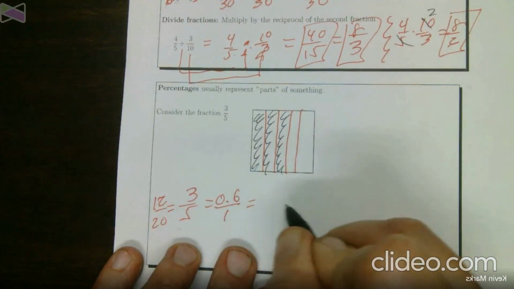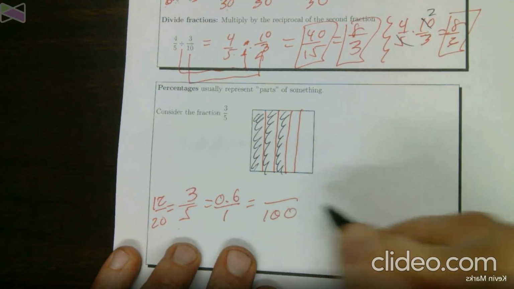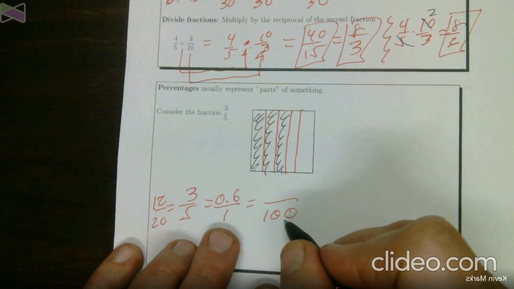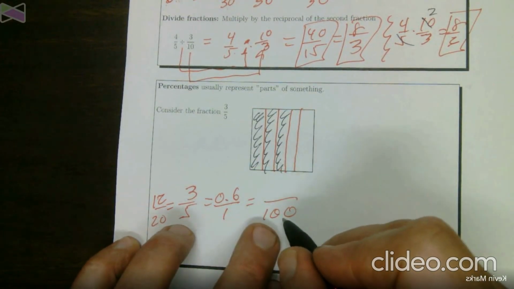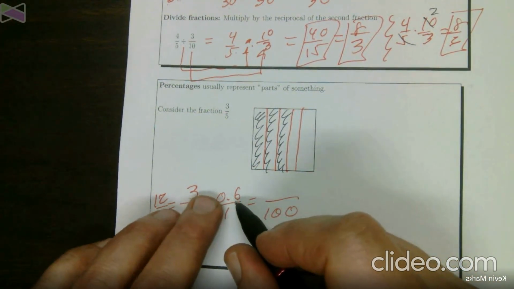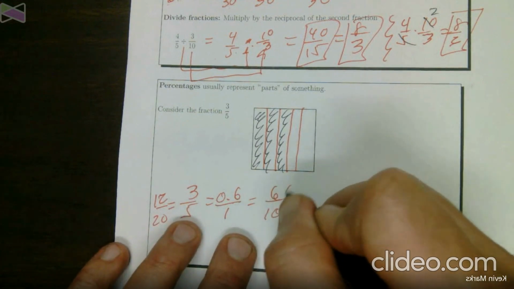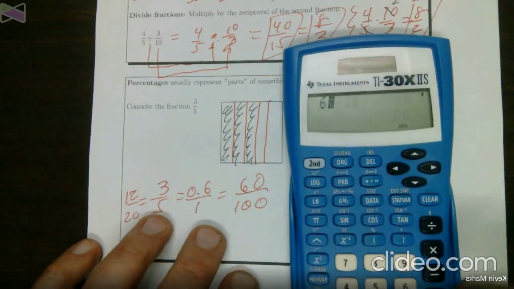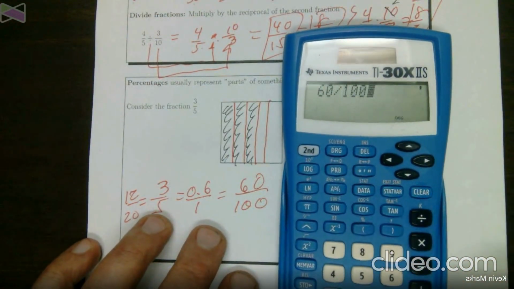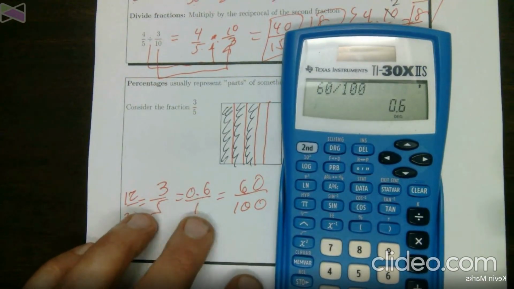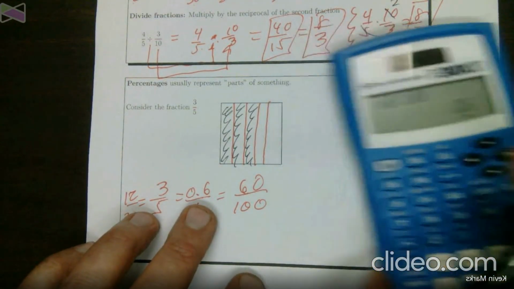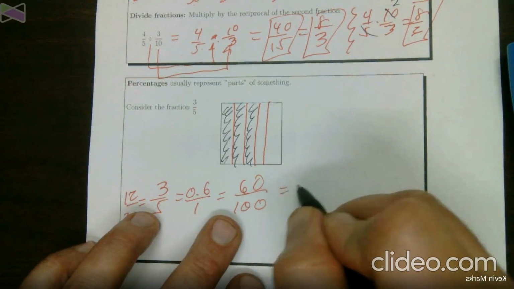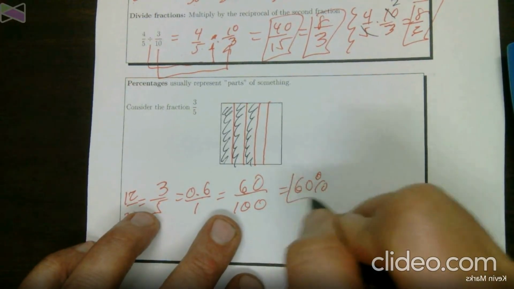But usually when you want to do percentages, the whole is 100, so I really want to get to out of 100. To get to 100, you'd have to move the decimal over 2 slots. Saying 60 out of 100 is also the same thing as saying 0.6. Once you get it out of 100, then that's your percentage.